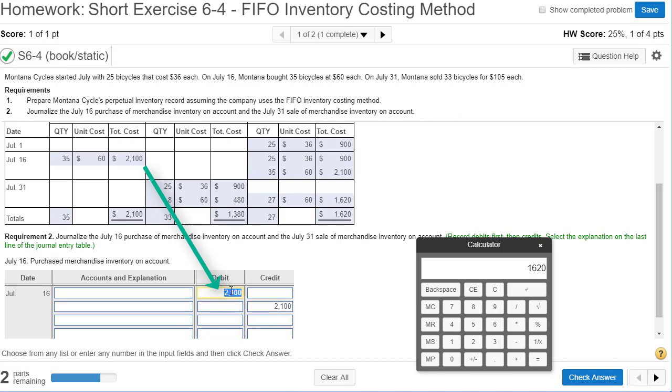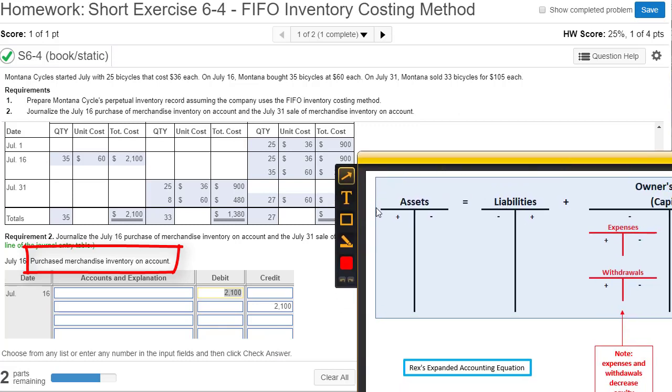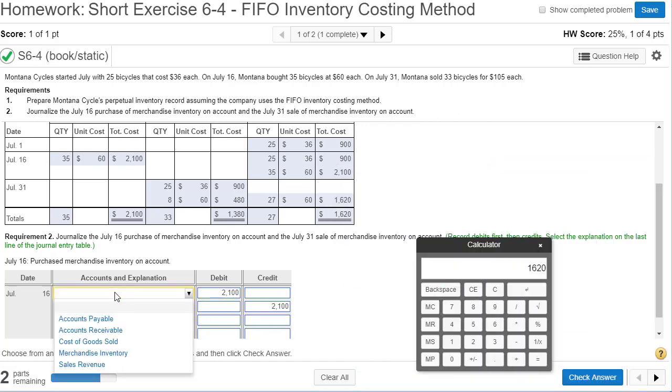Now we have to figure out, well, what's the debit? Well, we're purchasing inventory on account. So let's figure out what's happening to inventory. Inventory is an asset. Is the asset going up, which would be a debit, or is it going down? Well, we have more inventory, so it's going up. Therefore, inventory is going to be the debit.